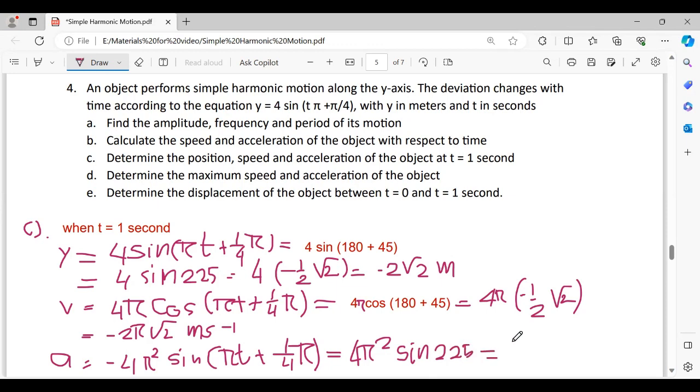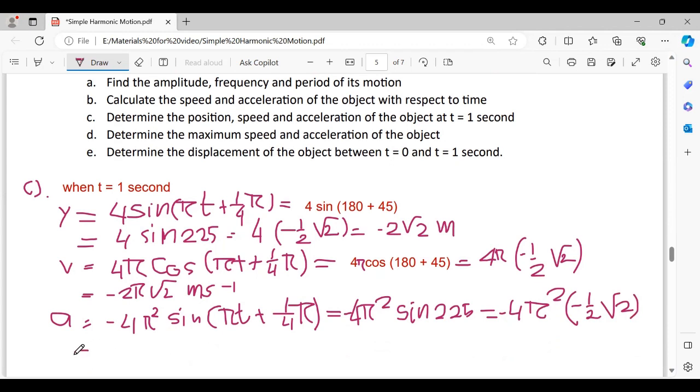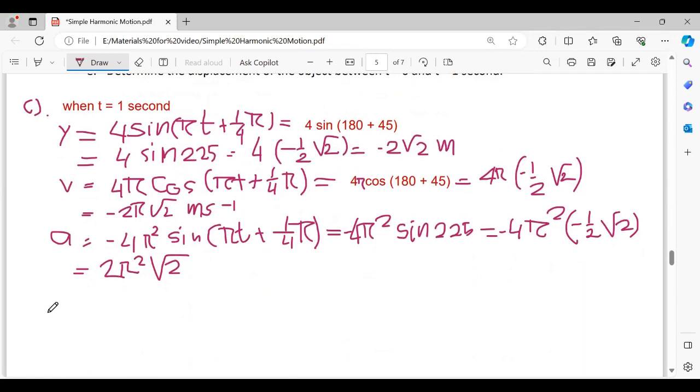It becomes negative 4 pi squared times minus half square root 2, which equals positive 2 pi squared square root 2. Right, that is C.